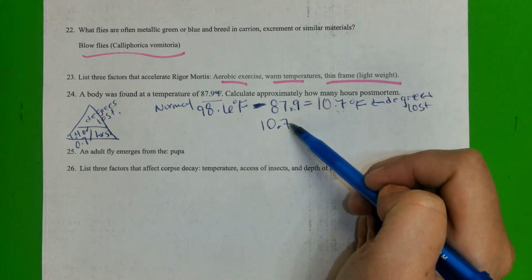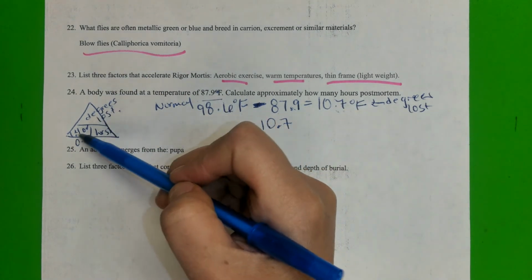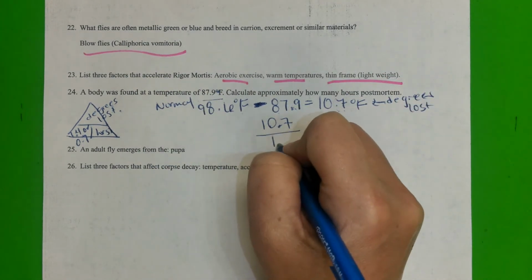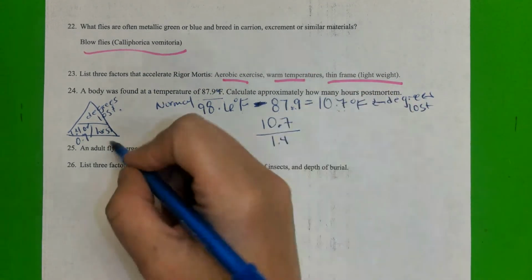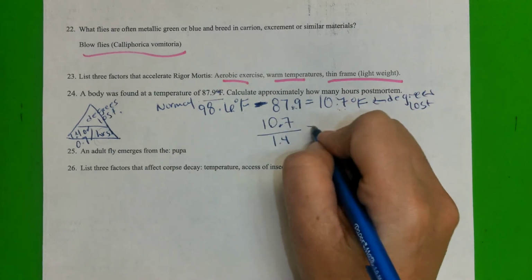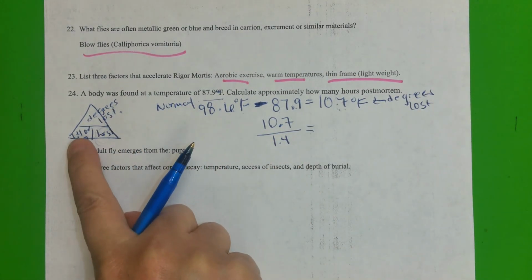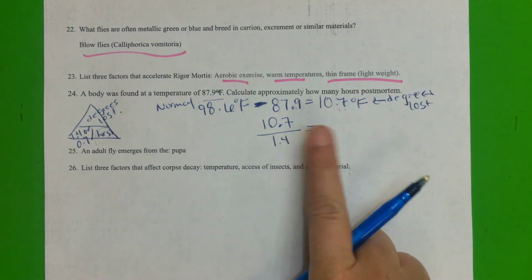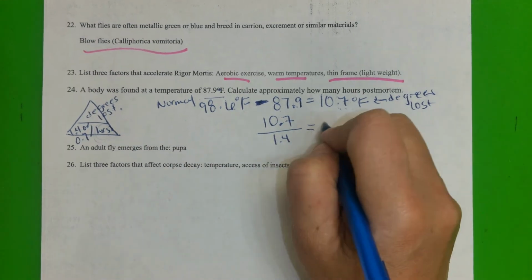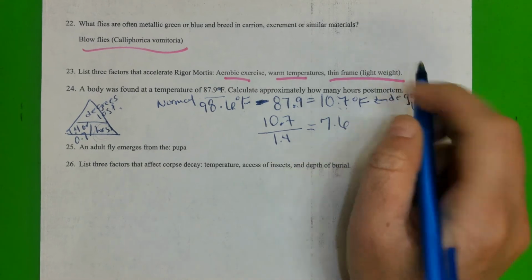So it would be 10.7, and then you would divide it by 1.4. That gives you the time. So 10.7 divided by 1.4 will be 7.6 hours.